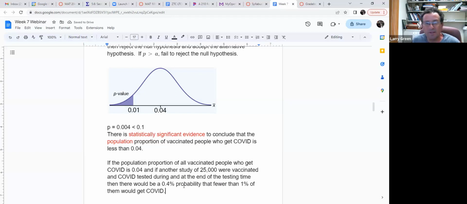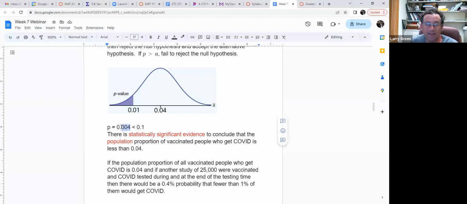Okay. So let me read this again, because this is very important. It's also one of the hardest parts of this, is that if the population proportion of all vaccinated people who get COVID is 0.04. Okay, so that's restating, that's saying if, and then you restate the null hypothesis. And if another study of 20,000, 25,000, that's sample size, were vaccinated and COVID tested during and at the end of the testing time. Okay, so in other words, if you did another study, just like what you just did, then there would be a 0.4% probability.